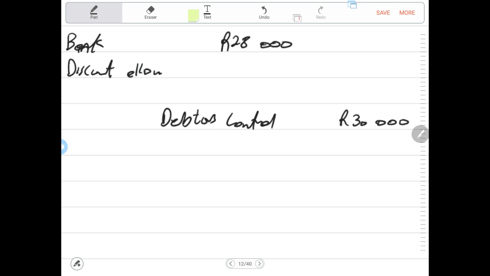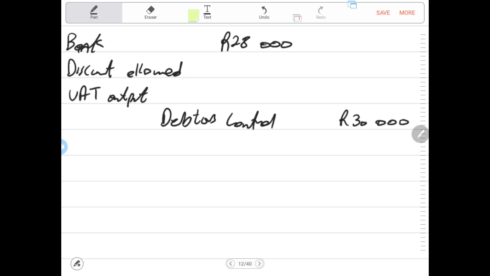We did not receive this discount. We allowed it. Then after that we have VAT. This VAT was an output VAT, but we can still keep it as VAT output, or some will say input. So these are the accounts that are affected here.